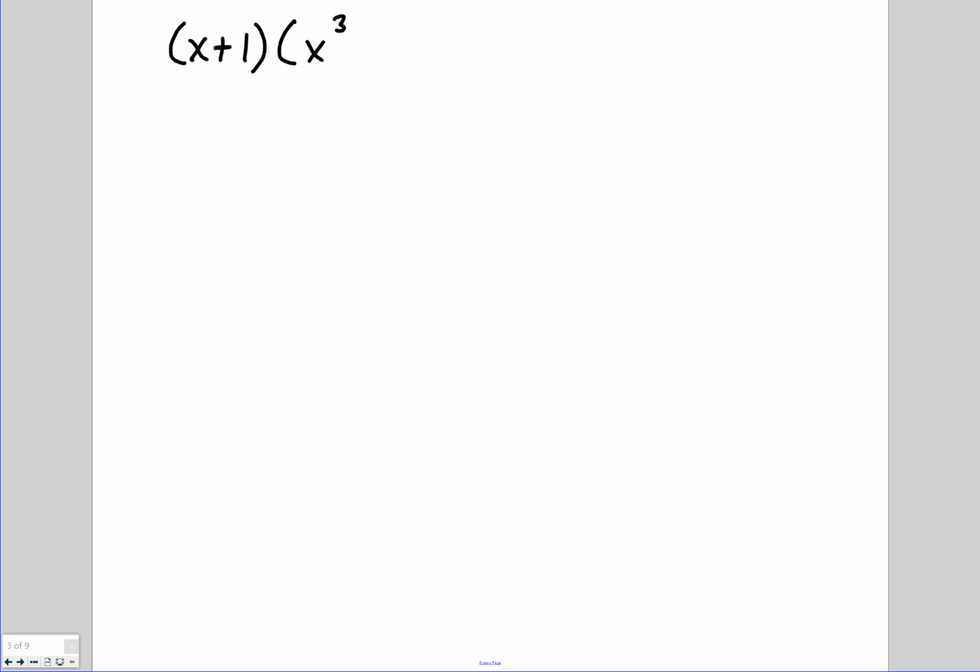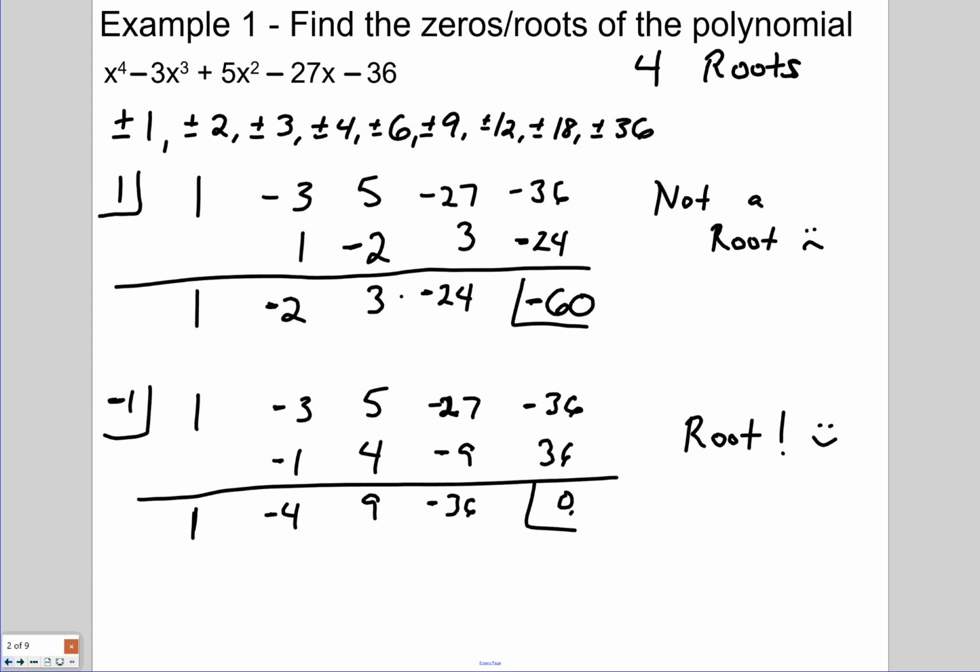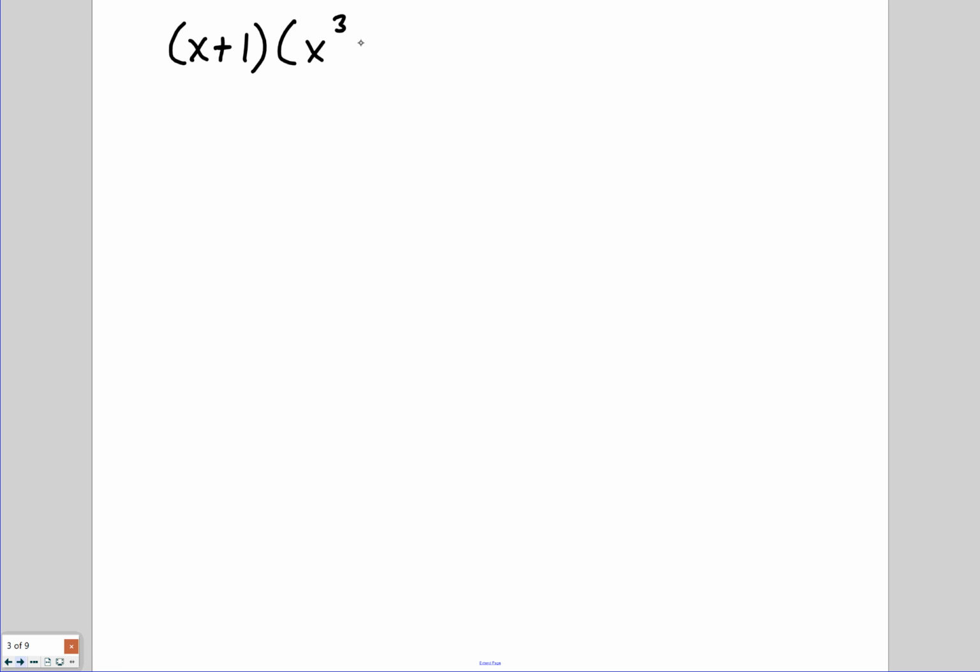So I'm using the numbers from the last one: x cubed minus 4x squared plus 9x minus 36. And you'll notice no remainder. That's the whole point. There is no remainder. So let's see if I remember: minus 4x squared. Is it plus 9x? Is it minus 36?